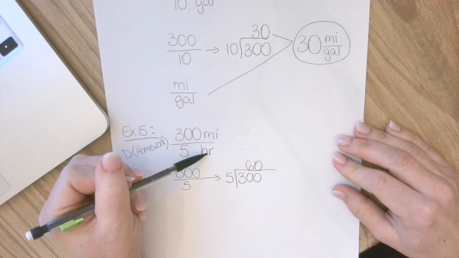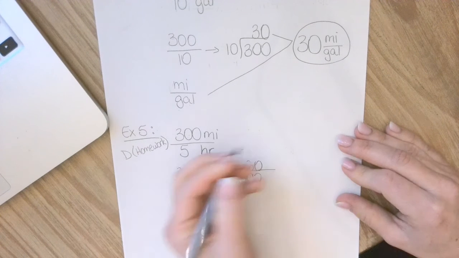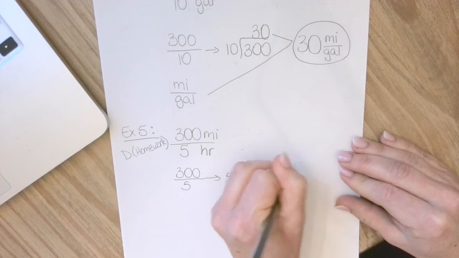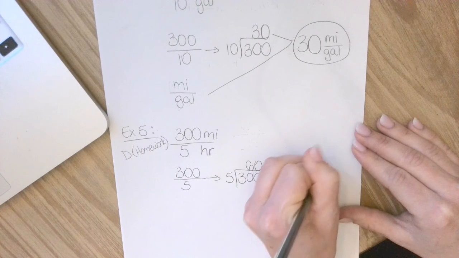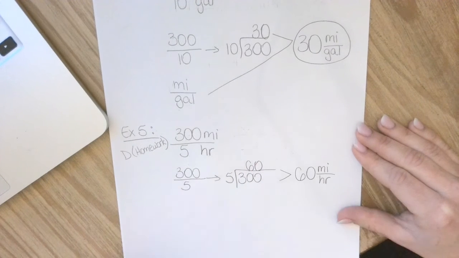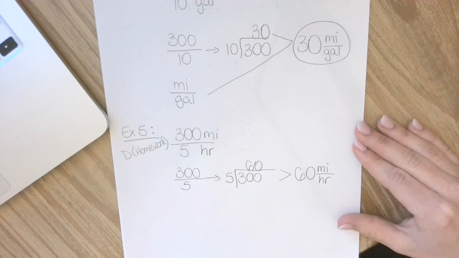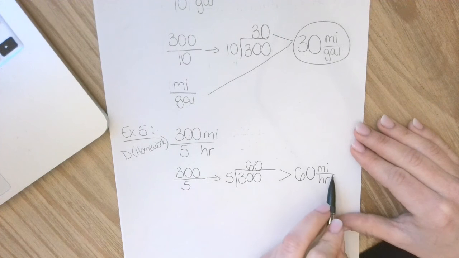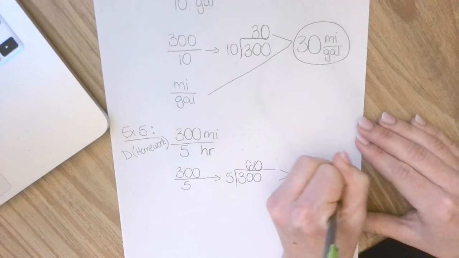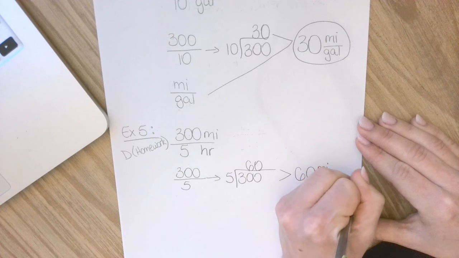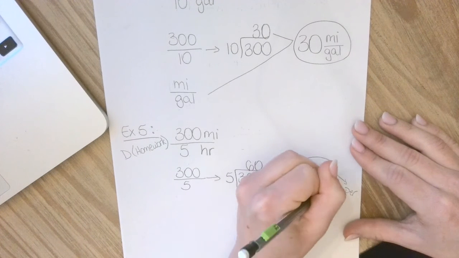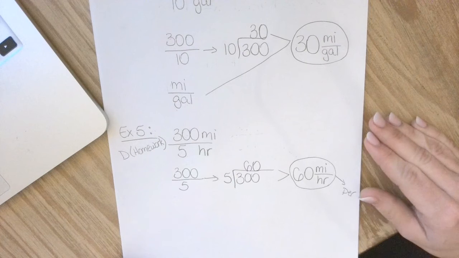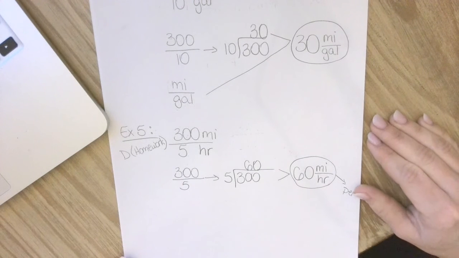They are too different. Okay, so I get to just write my answer as 60 miles over hour, or if you set it as miles per hour. Okay, that little line, that division line, can represent the word per. Okay, and I'll just put that to the side there, just to help you remember. So that would be my answer.